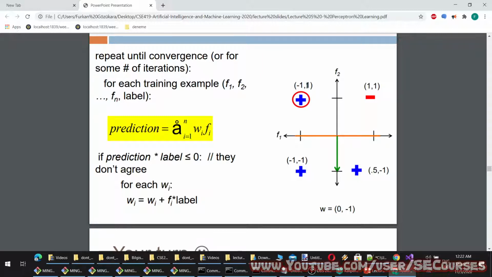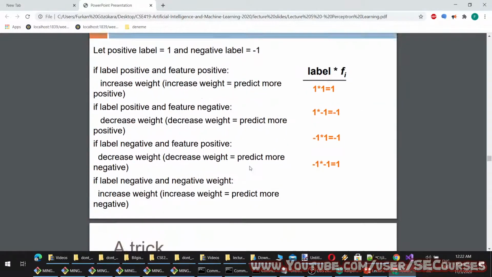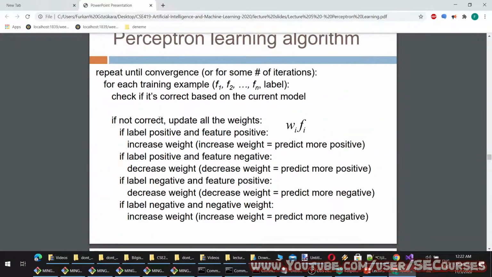The second value, F2, has contributed in the negative way, so we increase the value of weight 2 and decrease the value of weight 1, because if you check the rule here, you will see that.